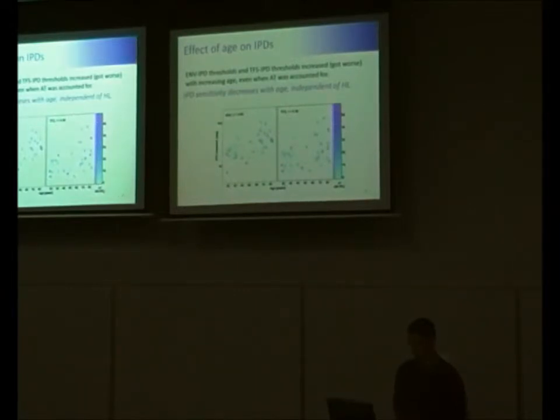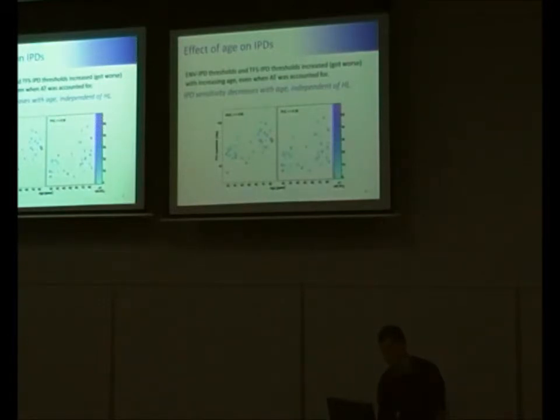So these are the people's thresholds of the smallest IPD they can discriminate, plotted by their age. And for the envelope IPDs, you can see this relatively good progression. As you get older, your threshold gets larger.